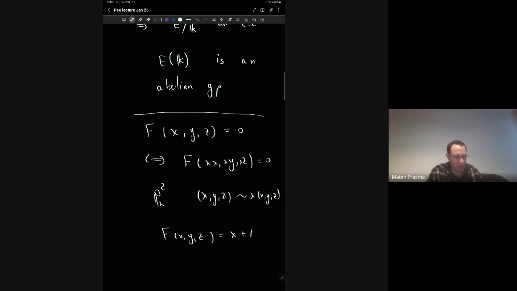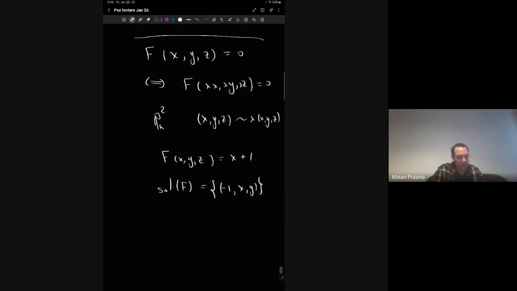So what are the zeros of this polynomial? The solution set of f in the affine space is simply the collection of all x, y, z such that x is equal to -1, so it's simply (-1, x, y).